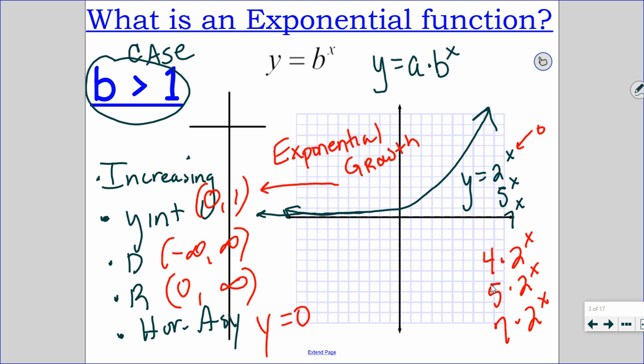So think about it, talk about it with your partner. If I plug in 0 right there, what is going to be the y-intercept? If I plug in 0, I don't think it's going to be 1 anymore. What do you guys think?